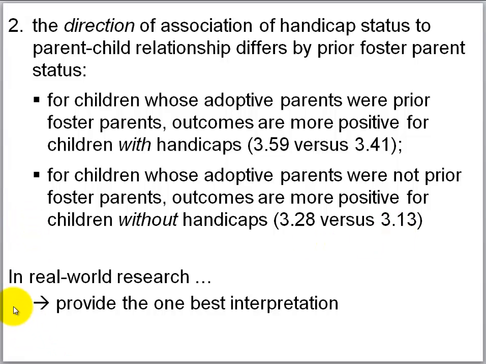So in real-world research, one just chooses the best interpretation that they can. I guess I like the second interpretation here, which is to say that the direction of association of handicap status to parent-child relationship score differs according to foster parent status.